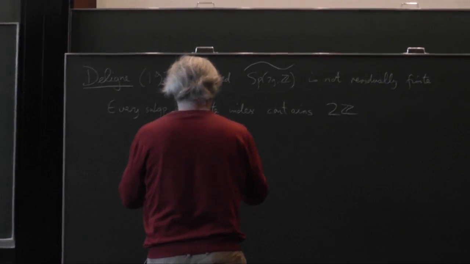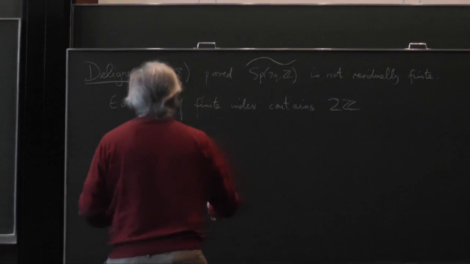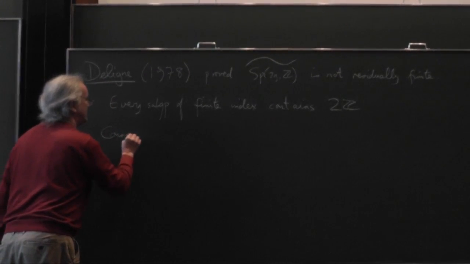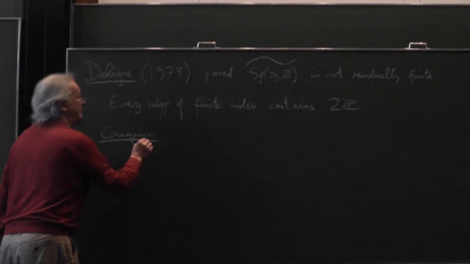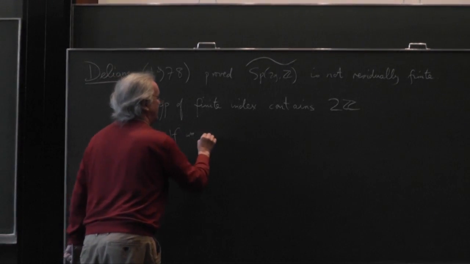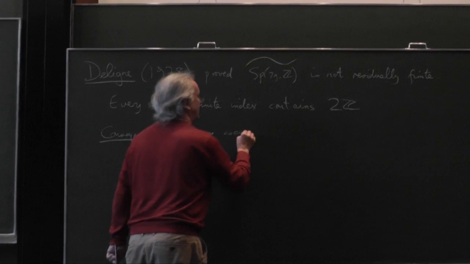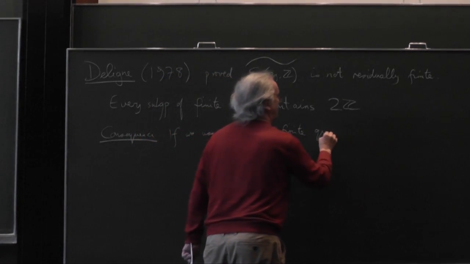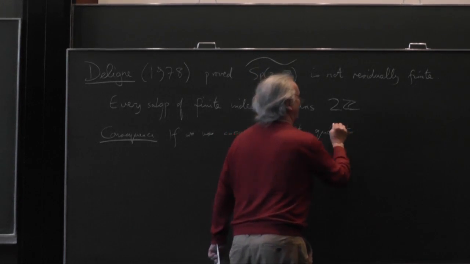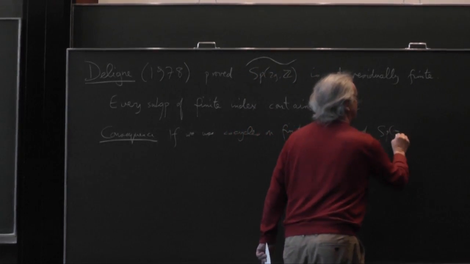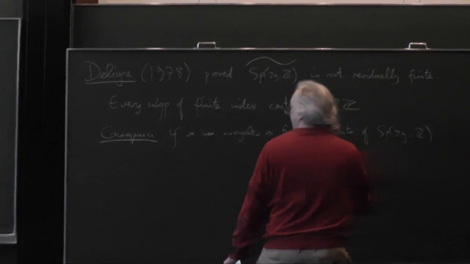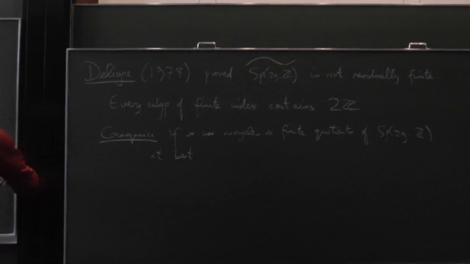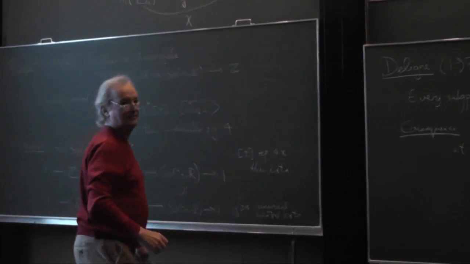Okay, so in some sense, this theorem tells you as a consequence that if we use cocycles on finite quotients of Sp_2g(Z), at best, we can only compute the signature mod 8.